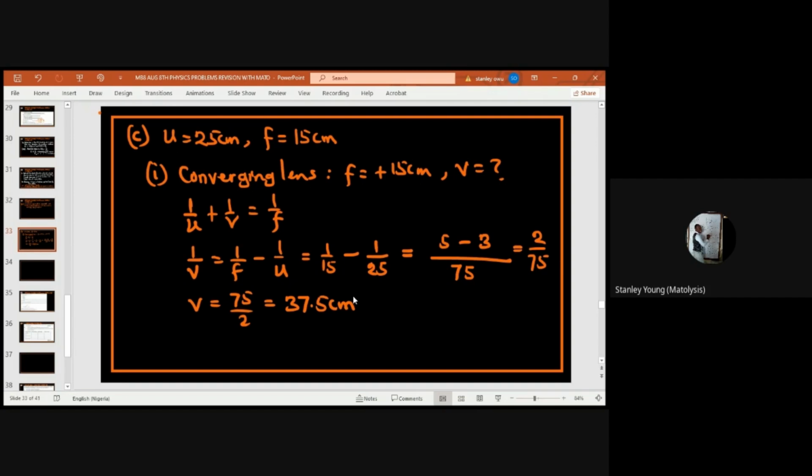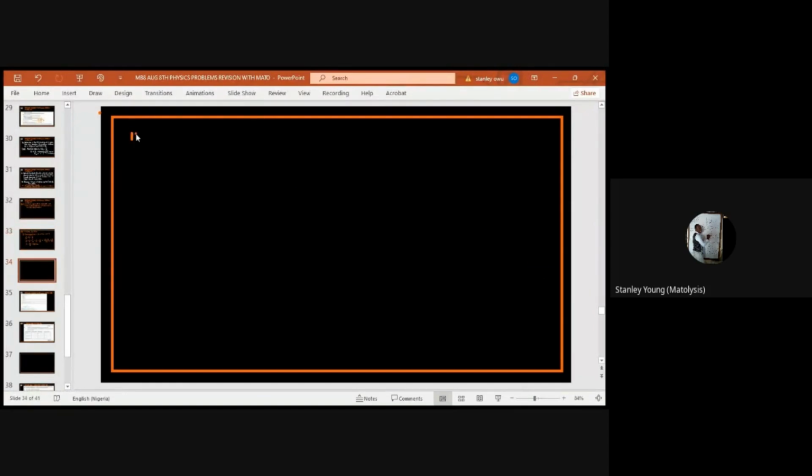So that gives us 37.5 centimeter as the answer that we are looking for. Okay, I hope we didn't make an error there. And for the second case, we are dealing with a diverging lens. On figure 2, it's a diverging lens.